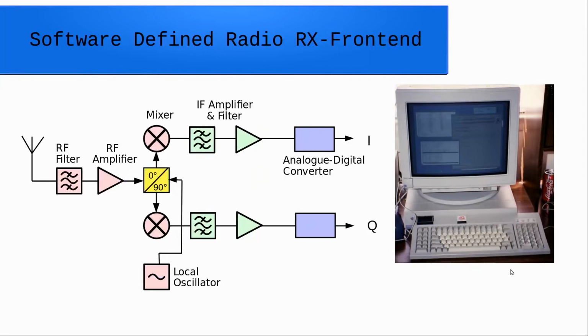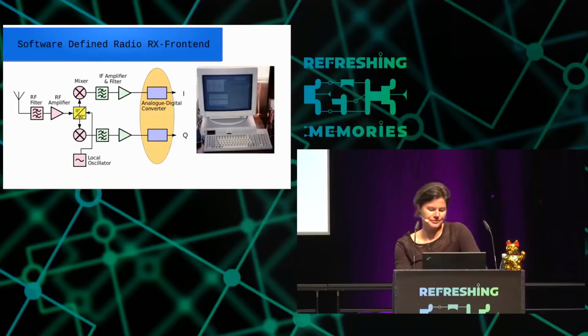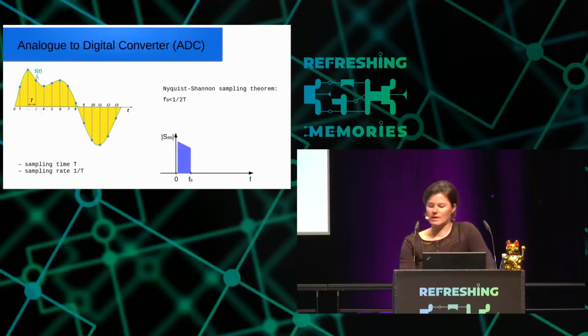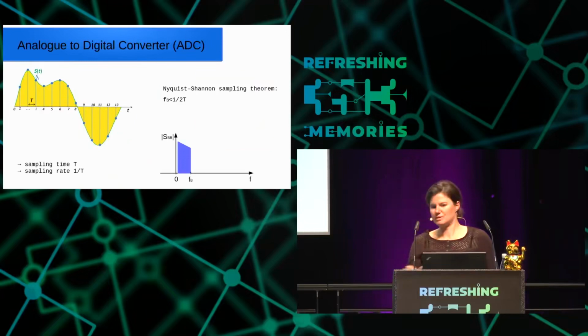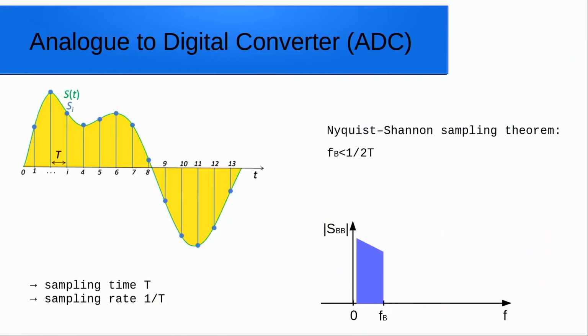Next step, after again some filtering and amplification, is the analog to digital converter. We get the analog signal in here, and what the computer actually needs are samples of the signal. So they have to be taken at dedicated times, t, and so we get the sampling rate 1 divided by t.